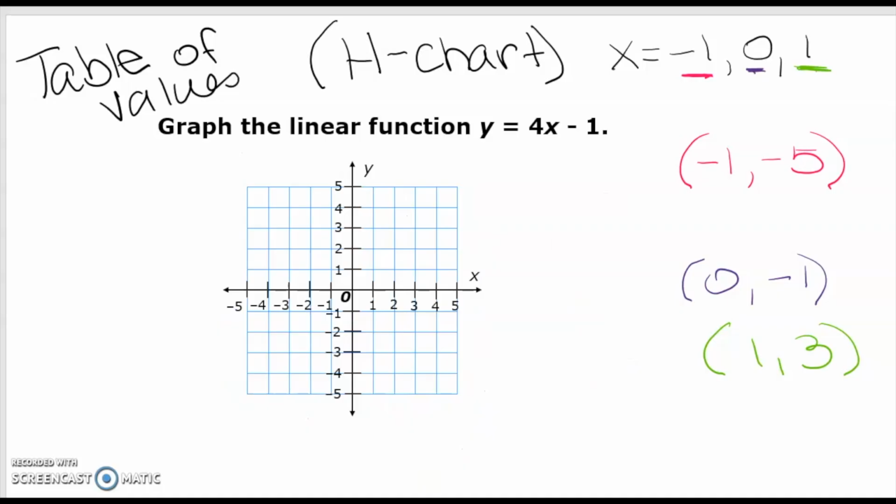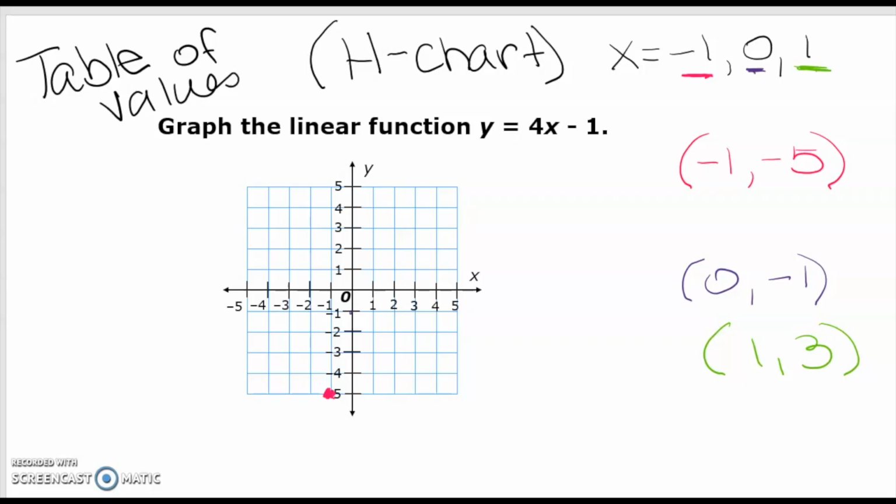Okay, so what I've done now is just put my graph up here, so my coordinate plane, so I can graph these points. So first point that I'm going to graph is that point -1, -5. So I'm going to go over to -1, down to -5. There's my first point. My second point that I'm going to graph is that point 0, -1.